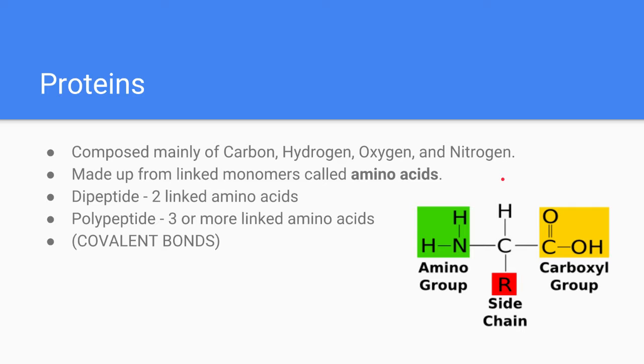Proteins are made from linked monomers called amino acids, and the amino acids form peptide bonds, which essentially link 2 amino acids together to form bigger things. And here is an example of an amino acid right here. This is not a dipeptide or polypeptide.